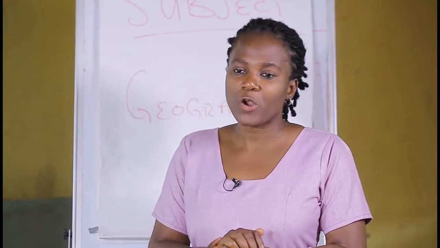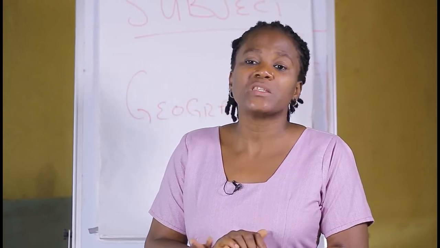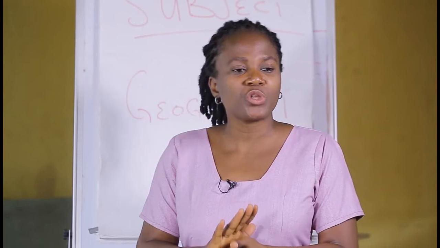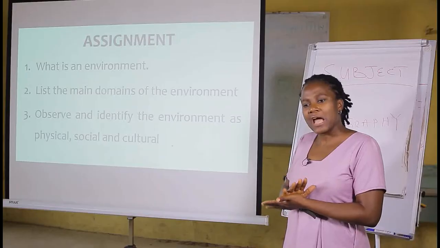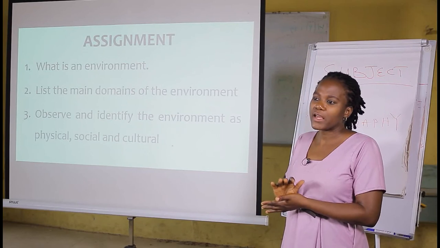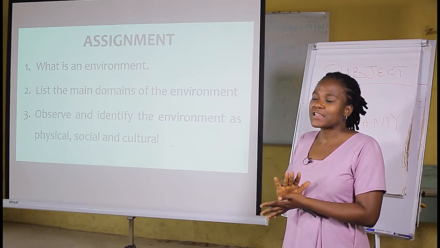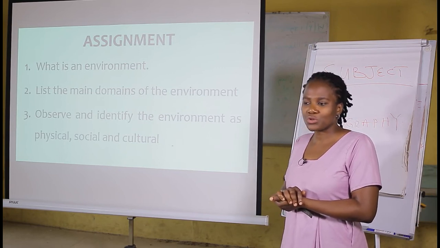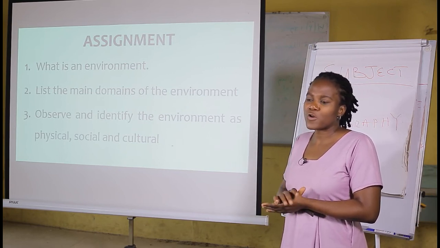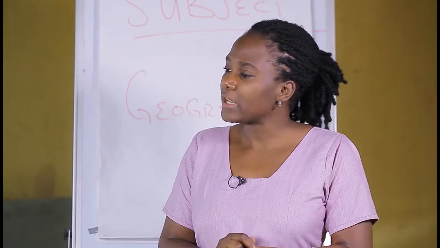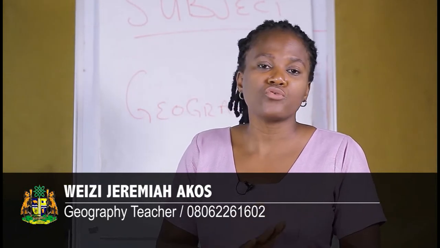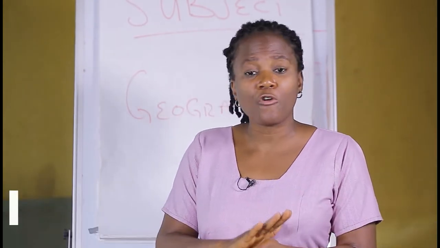And we said to study the environment better, we have to look at it through the domains, and we mentioned the 4 domains: the atmosphere, the hydrosphere, the biosphere, and the lithosphere. And we also looked at the problems facing our environment, which include desert encroachment, flooding, and so on. And then finally, we looked at the importance of the environment through the different domains. That's the 4 main domains that we had mentioned.